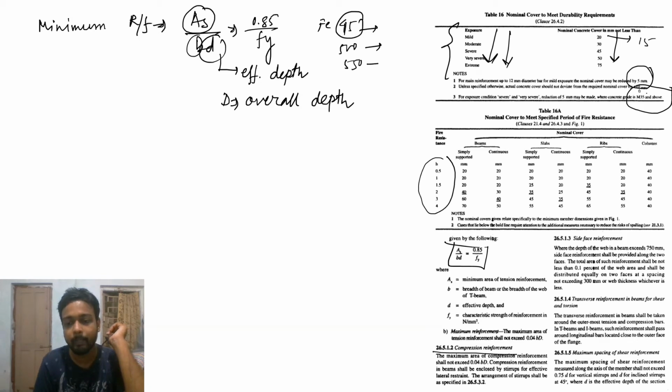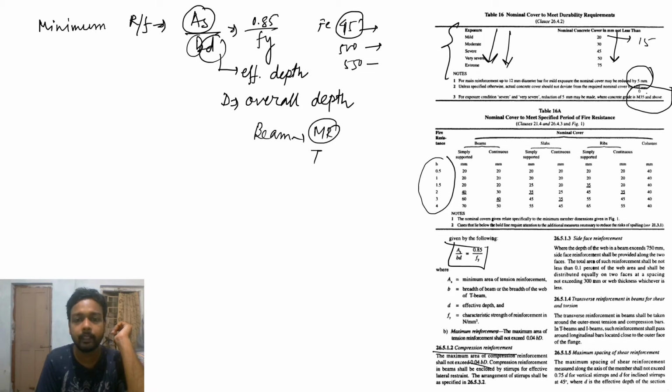The maximum area of compression reinforcement shall not exceed 0.04 bD. For beam, maximum reinforcement, tension as well as compression, is 0.04 bD.